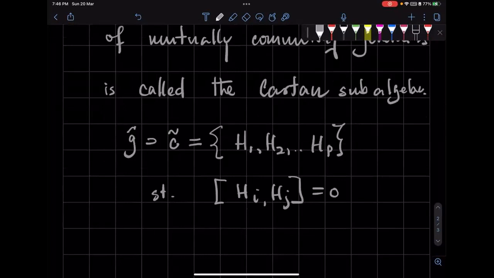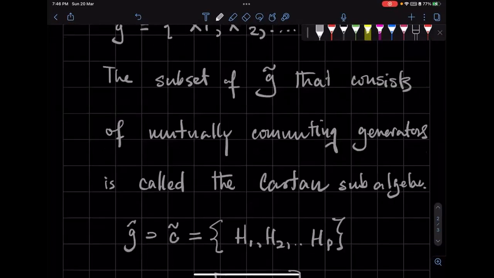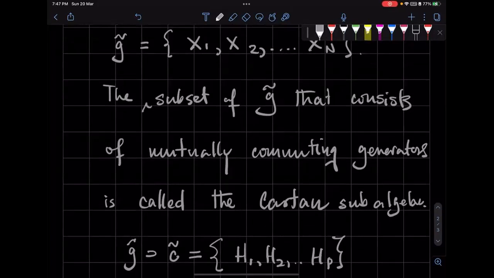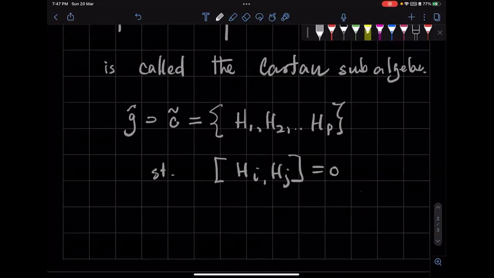So this is the maximal set. Maybe I should insert the word maximal, the maximal subset. Then C tilde is the Cartan subalgebra. Okay? This is a general definition.